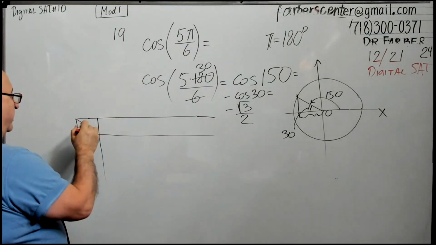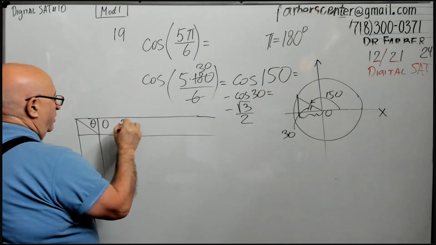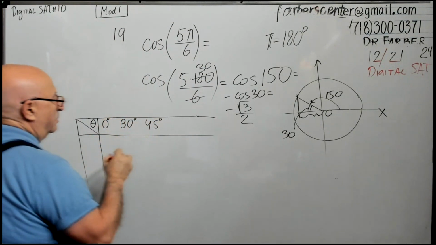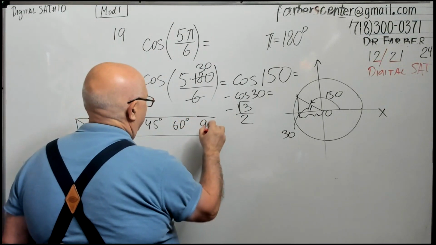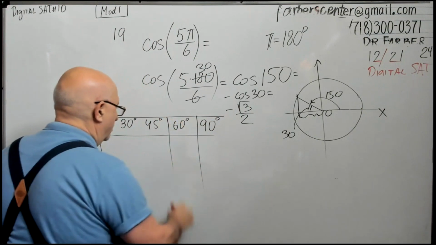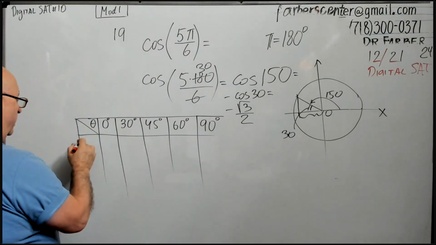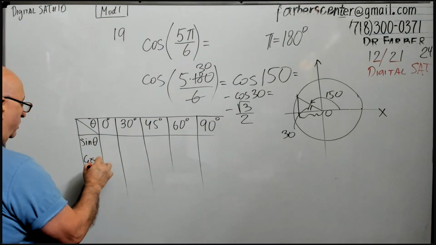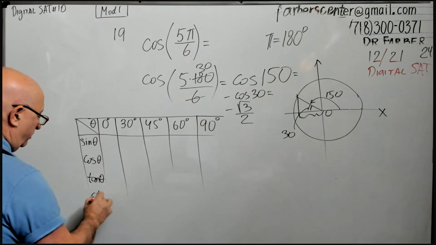And this is angle theta: 0 degrees, 30 degrees, 45 degrees, 60 degrees, and 90 degrees. Basic specific angles, right? And we have sine of theta, cosine of theta, tangent of theta, and cotangent of theta.